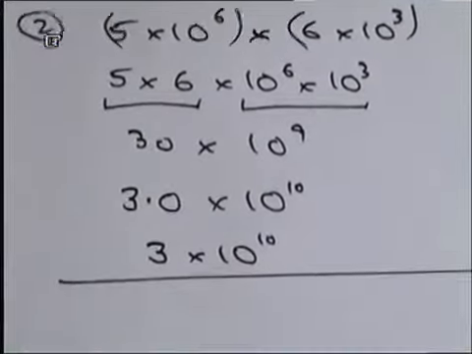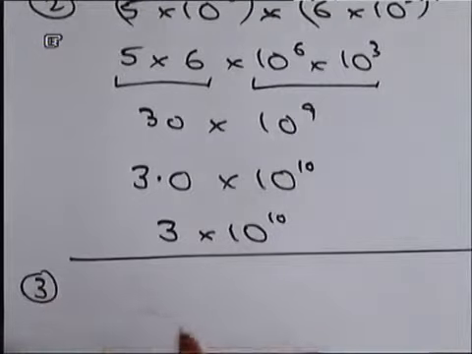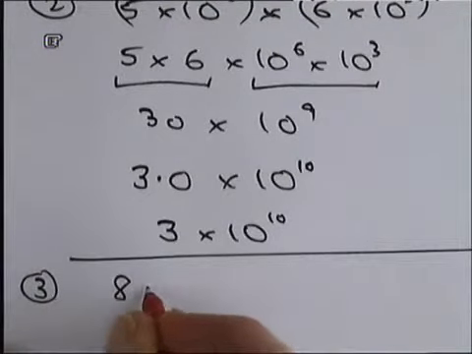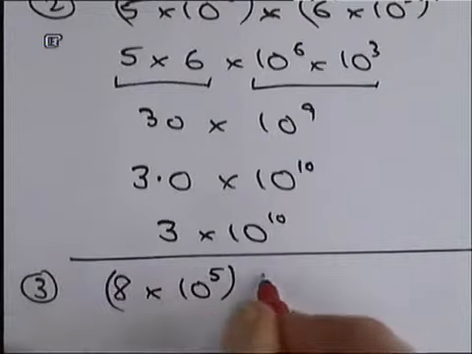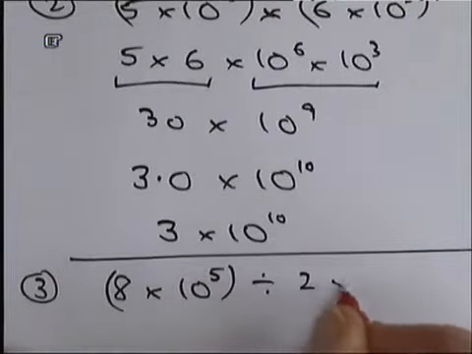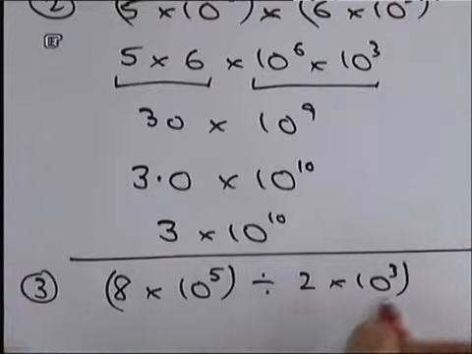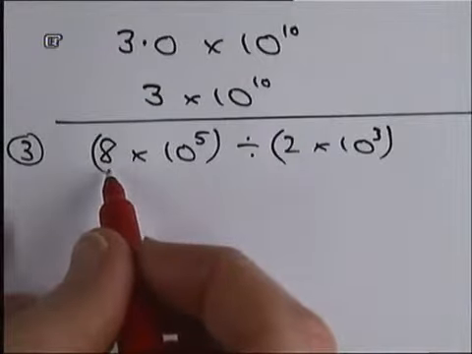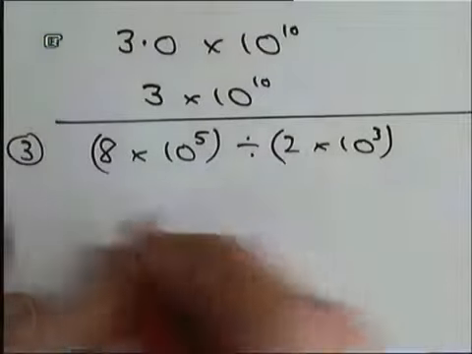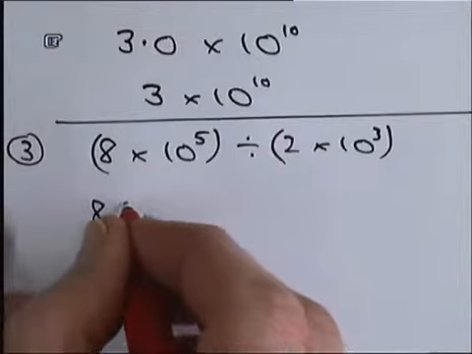As well as doing timesing questions, you can also do dividing questions. If we look at 8 times 10 to the power of 5, divided by 2 times 10 to the power of 3. If you're doing a question like this again, you can split it up. You've got 8, which is being divided by 2. That's the normal part, if you like.